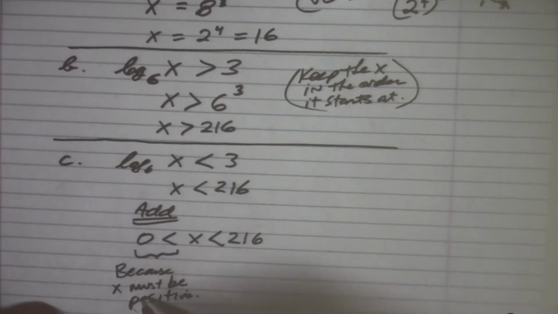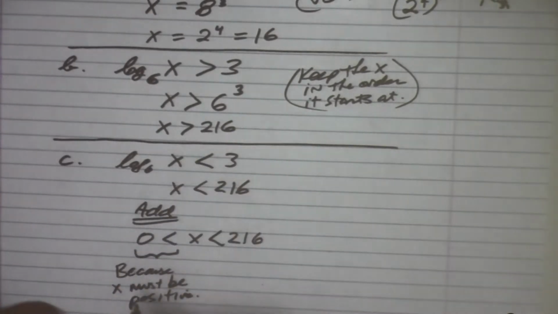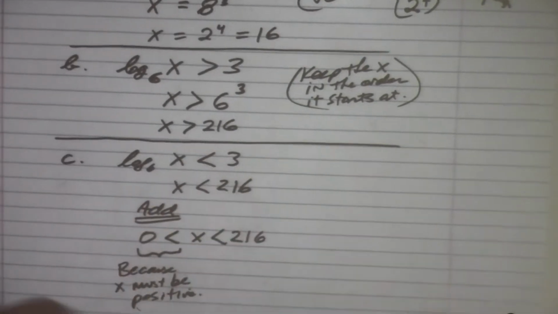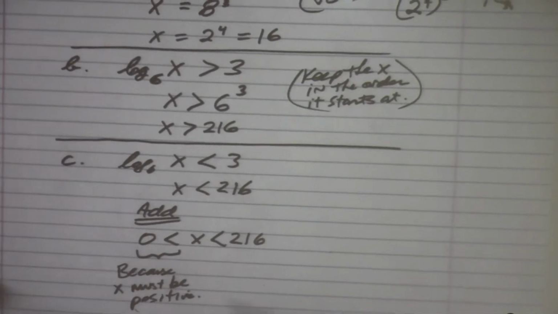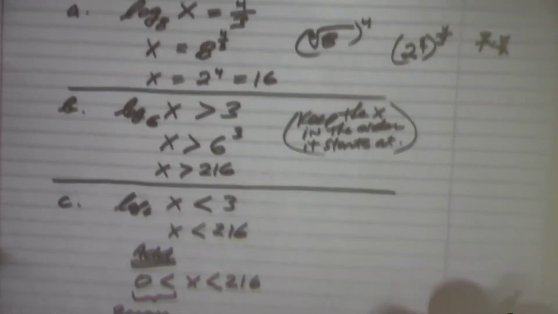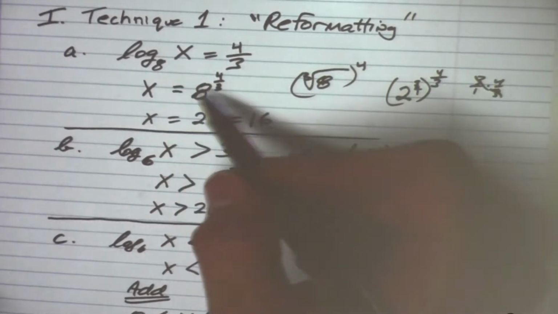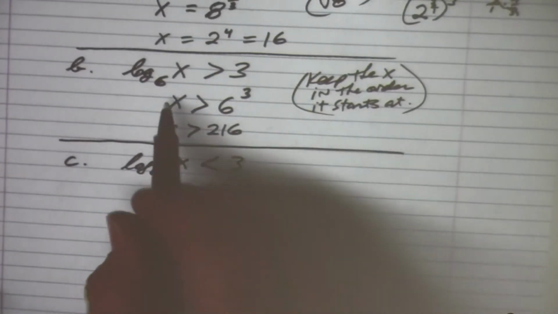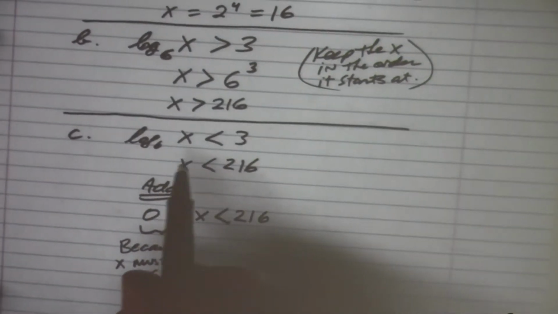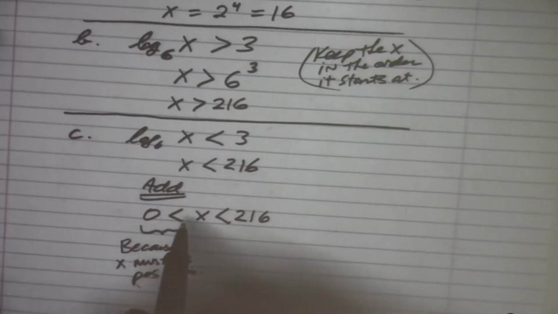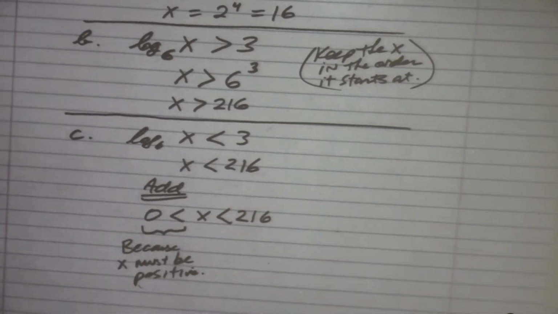But really, the thing that's in there has to be positive. We'll get to some of those other ones later. So what you can see here is you use this reformat idea, making an exponential equation or an exponential inequality. But when it's a less than, you have to pay attention to the fact that it can't be negative. It has to be positive. All right, now let's look at the second technique.